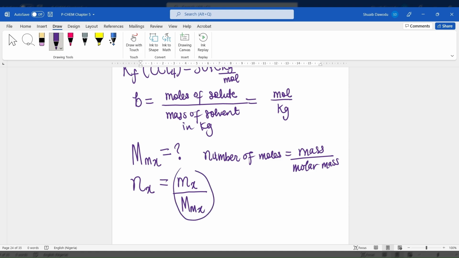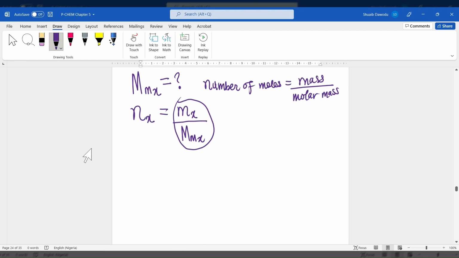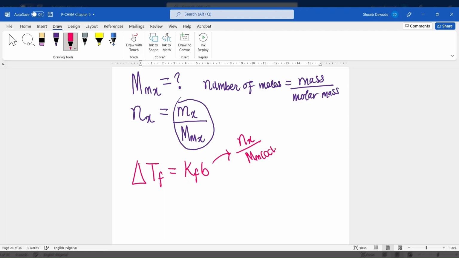So this one, we can simply substitute. Rewriting the formula, we have change in T sub F is equal to K sub F times b. We can rewrite that, remembering the molality is n sub X divided by the mass of CCl4.